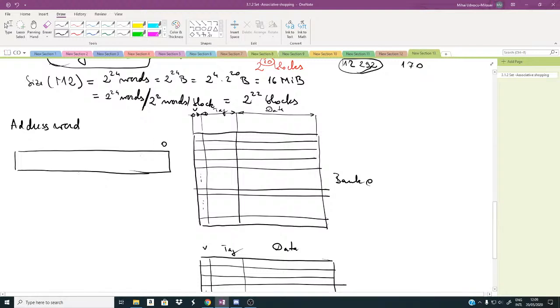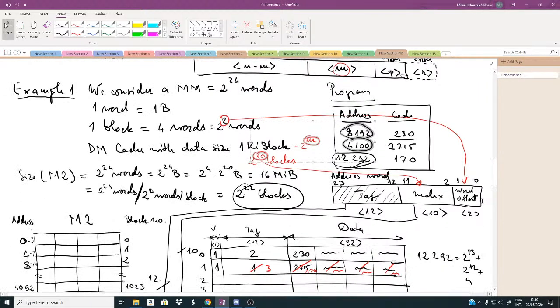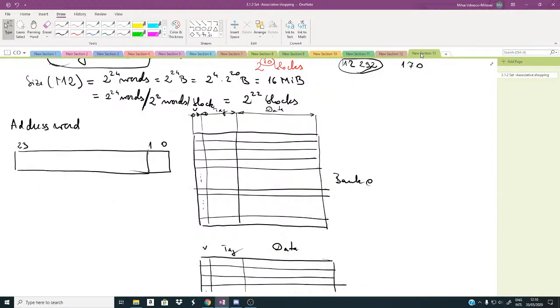So the address was on 24 bits, so it's on the same number of bits. 2 bits are used for the word offset, like here. It's the same thing on 2 bits.